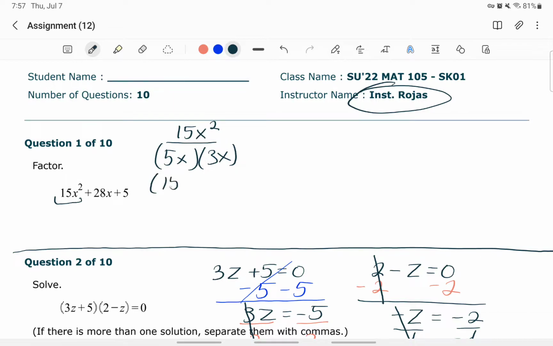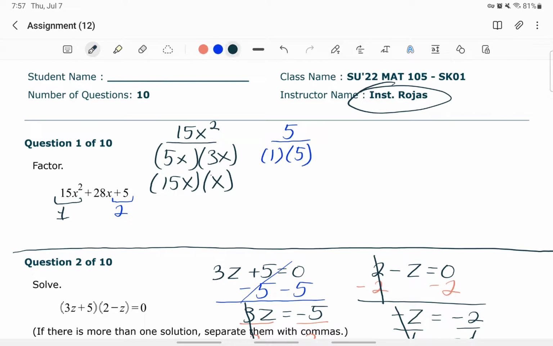And then we can have 15x times 1x, or just x, because 15x times x is 15x squared. That is step number 1: find the factors of ax squared. Step number 2, you want to find the factors of 5. And this is positive 5. So that's going to be 1 times 5. That is the only factors.